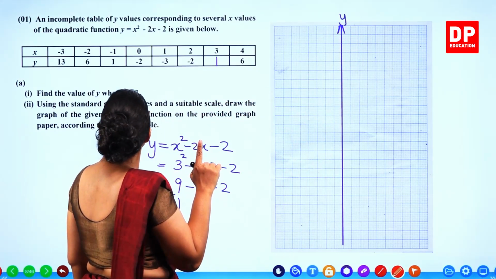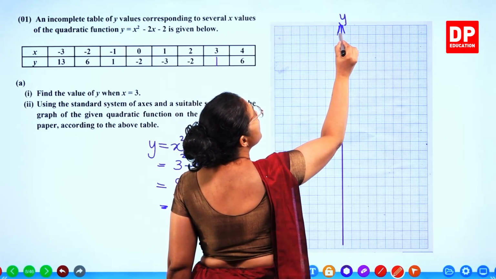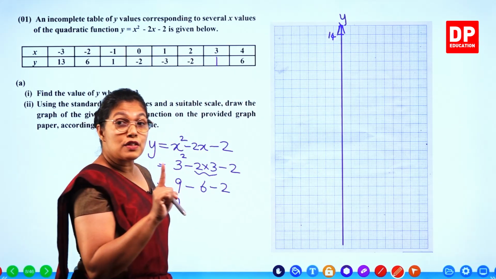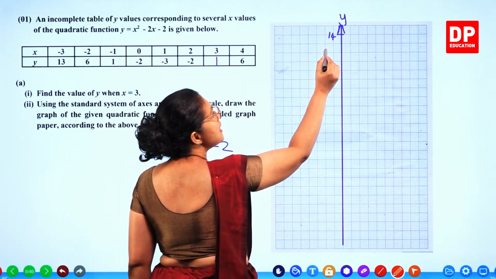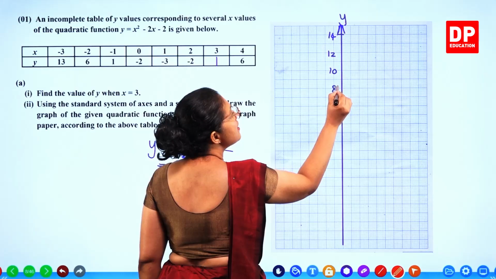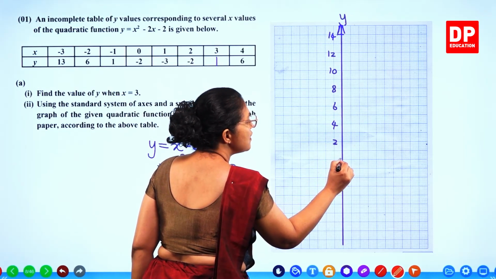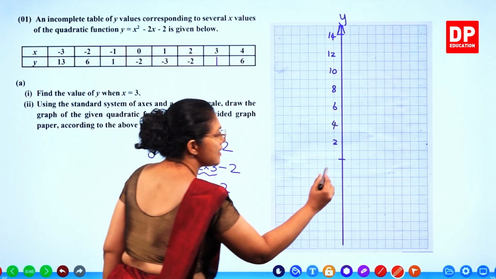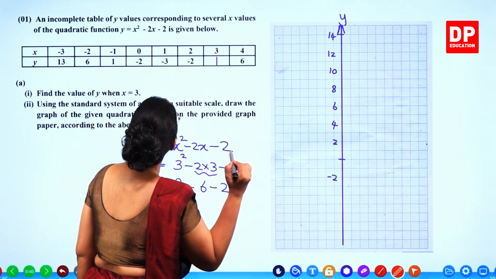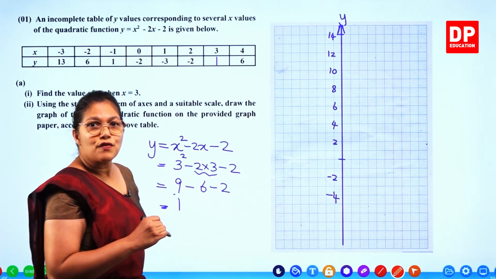So what's the maximum? 13. We'll take 14 and start from here. So I'm taking 2 units for 10 squares. 14, then 12, 10, 8, 6, 4, 2, 0. Now this is the x-axis and then minus 2. What's the minimum? Minus 3. So we can take up to minus 4.